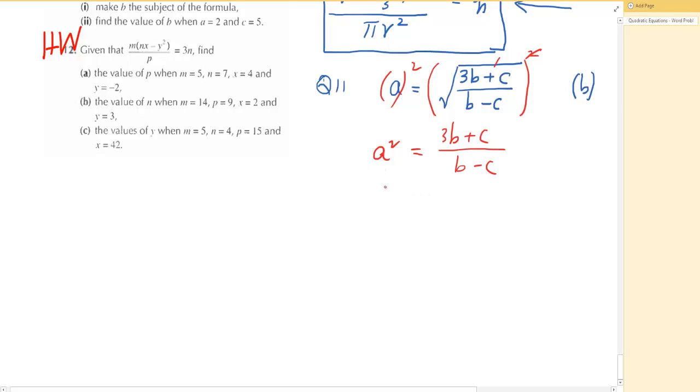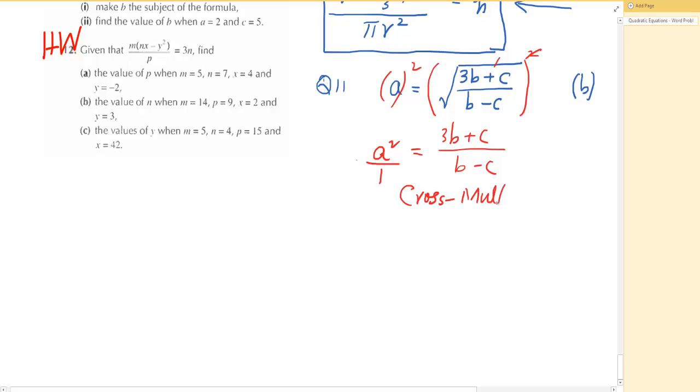And what is the next step? Cross multiply. Yes, cross multiply, because we have a single fraction on the right hand side and a single fraction on the left hand side.